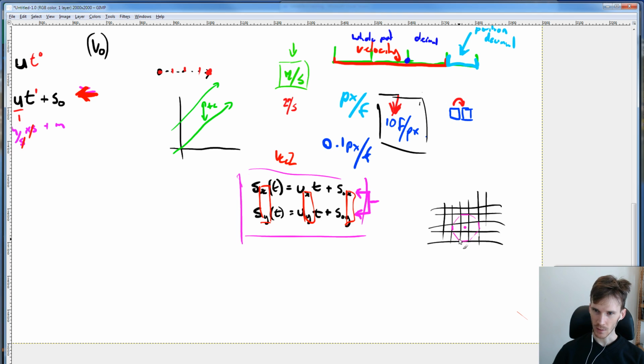The way our circle renderer works is that all of the pixels that are touched, it's going to fill those in.